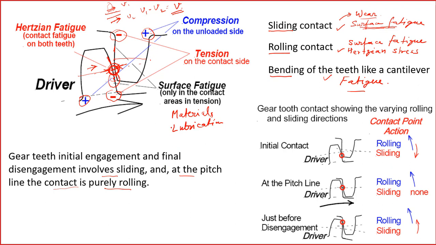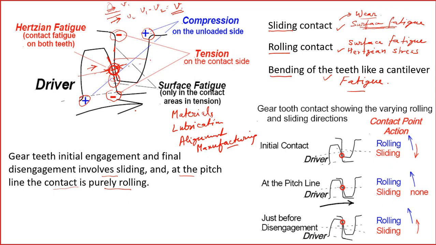So materials and lubrication, and another important thing is alignment. That means manufacturing part, alignment and manufacturing. So manufacturing is also the manufacturing of the gear itself. So there can be some defects and damage in the manufacturing.